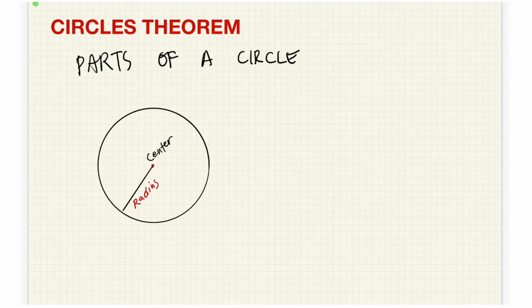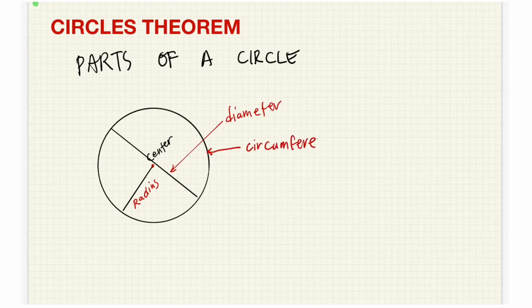Now the line that connects from circumference to circumference, the side of the circle, but passes through the center of the circle, this one here is what we call the diameter. And this one here is what we call the circumference.